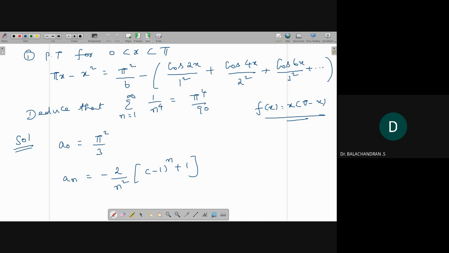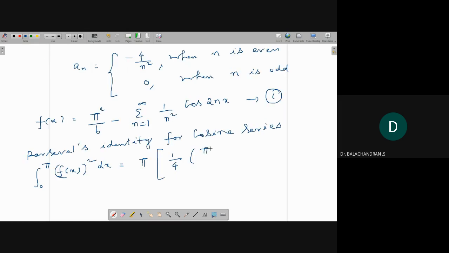Pi square by 3 whole square, plus 1 by 2 summation n equal to 1 to infinity a n square. Please check it. What is a n square?